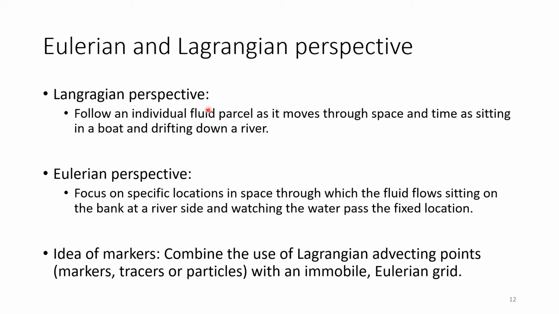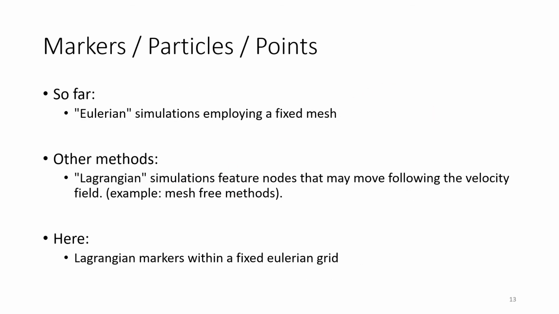So you include points which are moving, like boats, through your system relative to your Eulerian grid. So what we want to do is this combination.